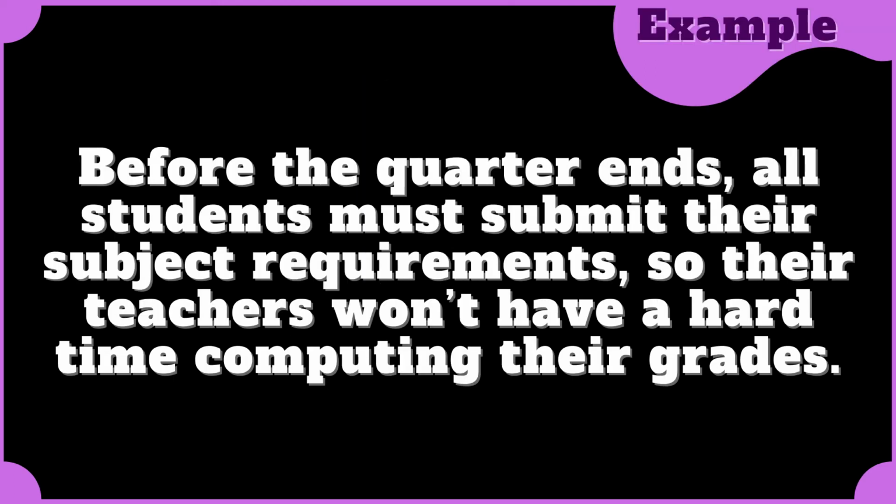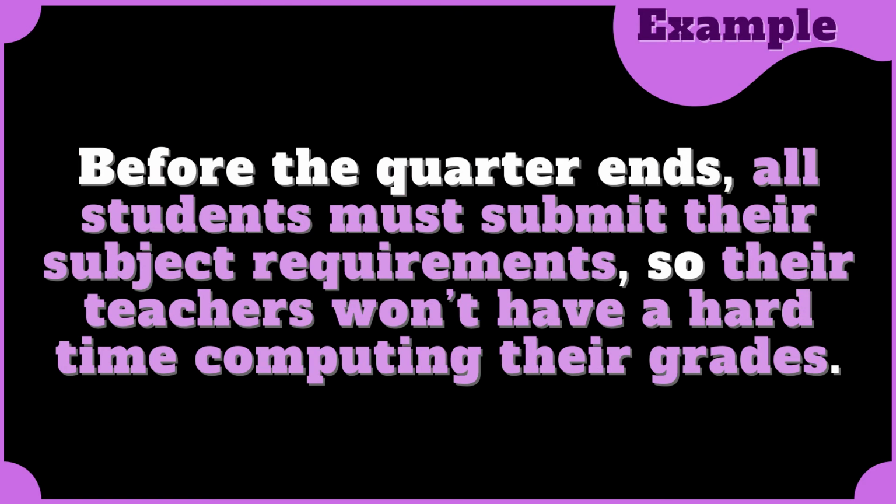Before the quarter ends, all students must submit their subject requirements so their teachers won't have a hard time computing their grades. In this sentence, the dependent clause is headed by the subordinating conjunction before, while a comma separates it from the two independent clauses, which are linked by a comma and the coordinating conjunction so.